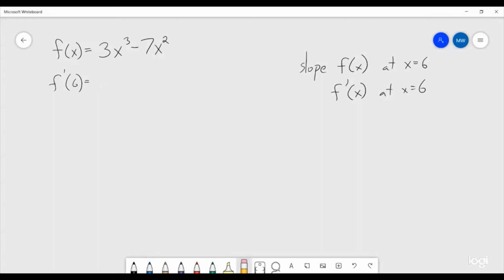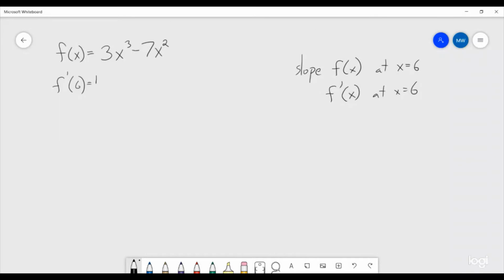So the derivative of f at 6 can be written as two different limits. We could write this as the limit as h goes to 0 of f of 6 plus h minus f of 6 all over h.